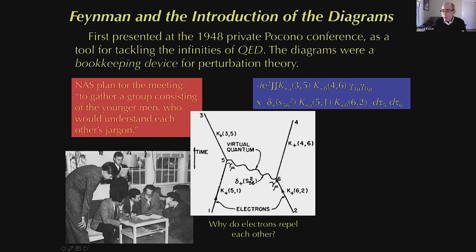They have a likelihood to both emit and absorb a photon, each of which is proportional to the charge of the electron. The photon itself has a likelihood to travel from point 6 to point 5. You just piece it all together like Lego bricks. So now you have a kind of roadmap to the corresponding equations to map out the series of steps between electrons and their traded virtual particle.